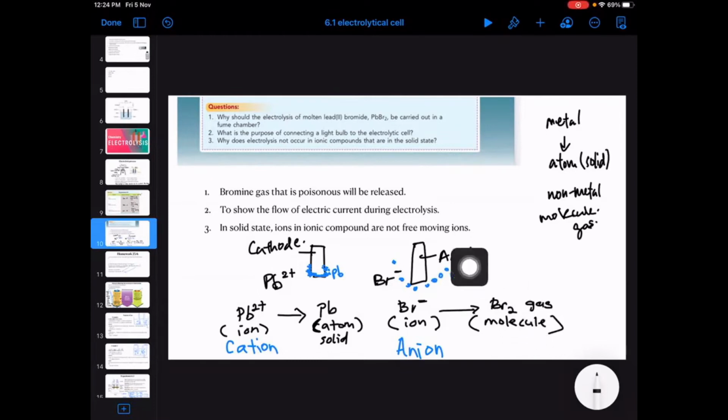How do you know, if I change it to another compound, what it will form? Very simple. If it's a metal, for example lead, it will definitely form atoms. It's a solid. If it's a non-metal, for example bromine, it will form molecules and it will be a gas.